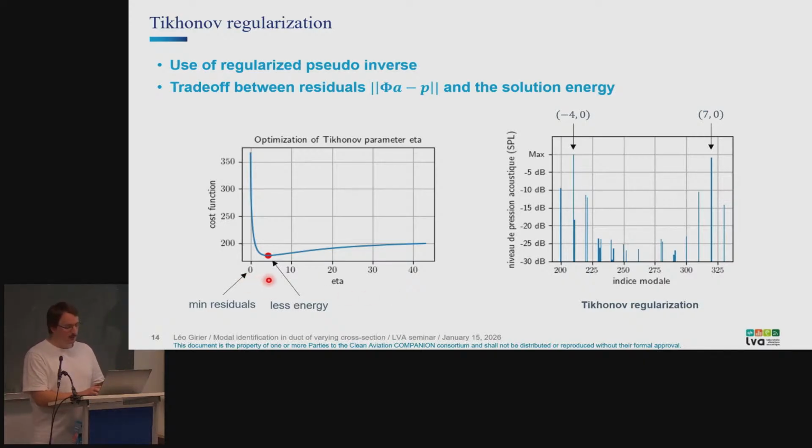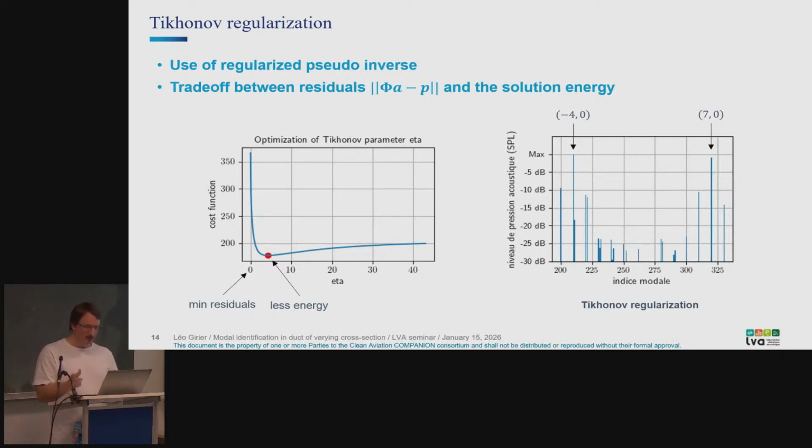But if you allow it to be slightly higher than 0, the residuals will be slightly worse, but you will have a sharp decrease in the solution energy, which sometimes might be more physical and more consistent with reality. And in this case, doing this regularization, we are finally able to correctly identify the simulated modes with far fewer other modes in the middle. So we get them more clearly.